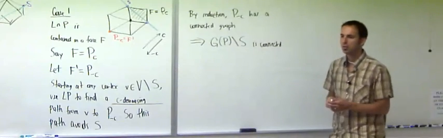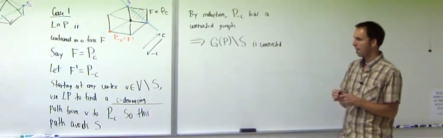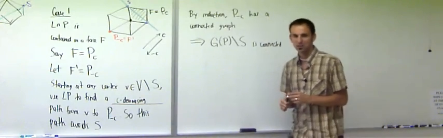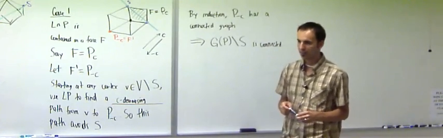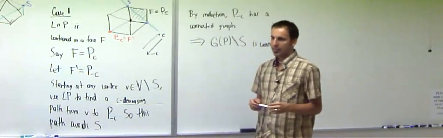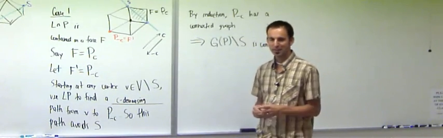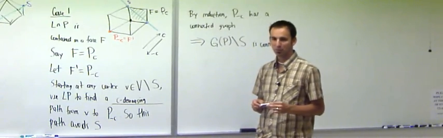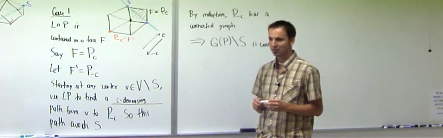Okay. I guess I was a little bit lax about my base case. So if we're doing induction on D, I should do the base case. Let's say that the base case is D equals 1. So if I have a one-dimensional polytope, then I want the graph to be one connected.